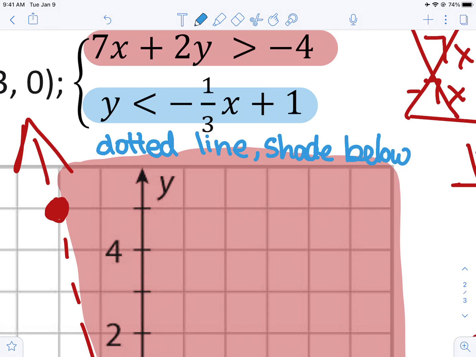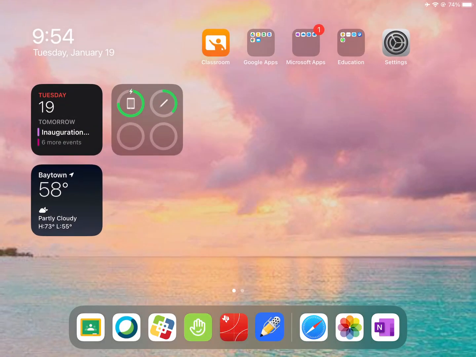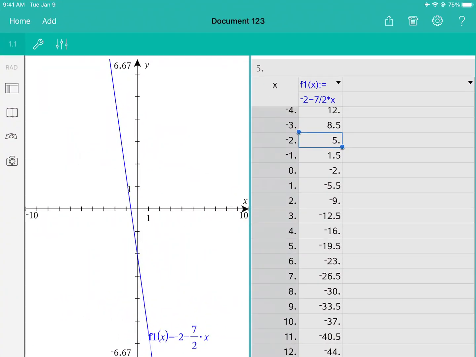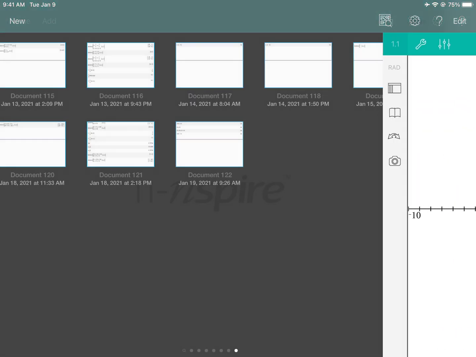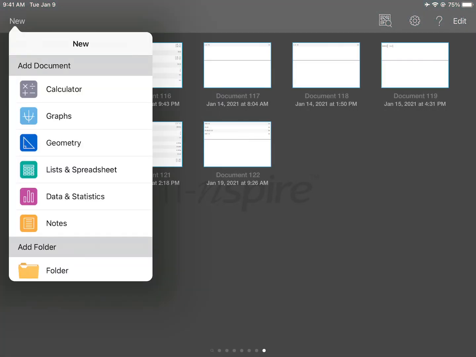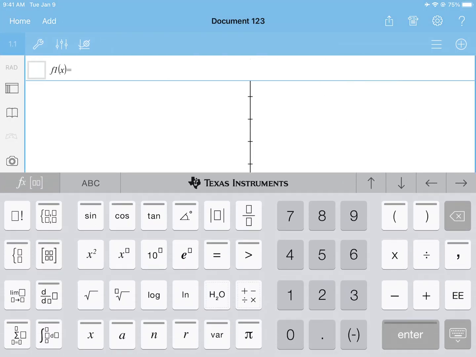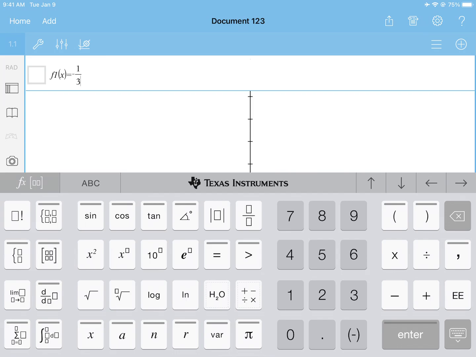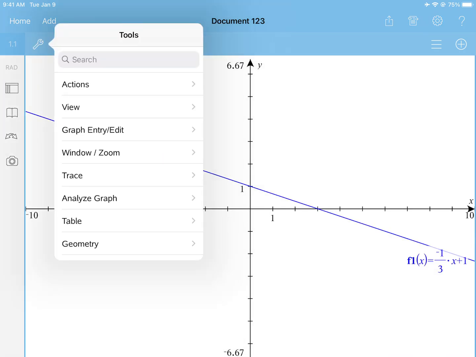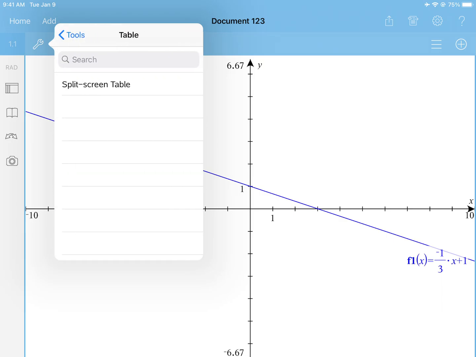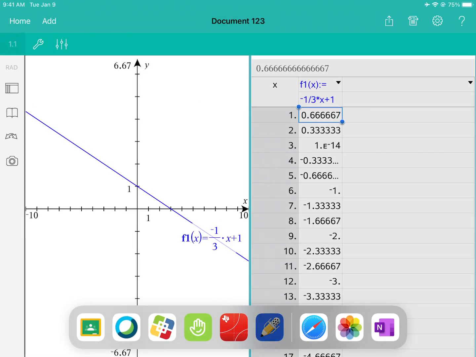So -1/3 x plus 1. Okay, menu, table, split screen table, lay my notes on top.